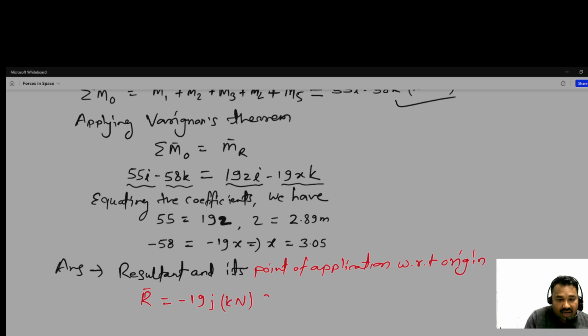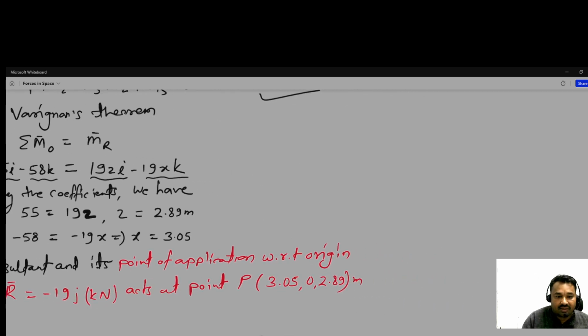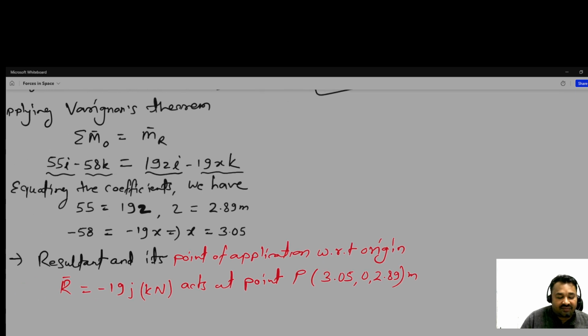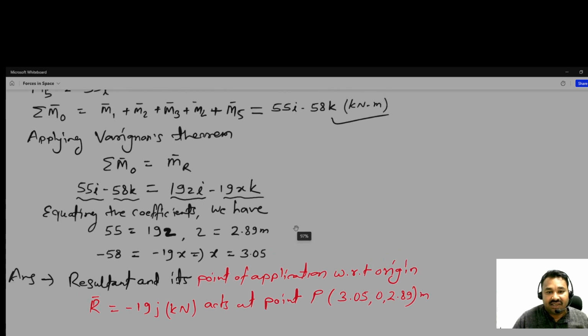Okay, acts at point P, and it is 3.05, 0, then comma, 2.89 meter. Okay, so this is your final answer, and let us summarize it.